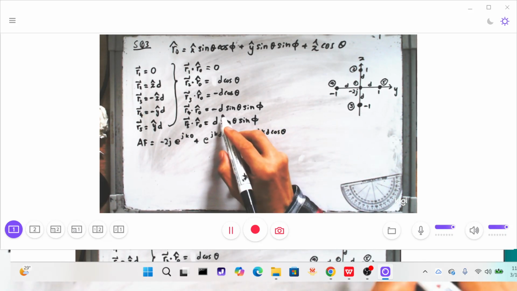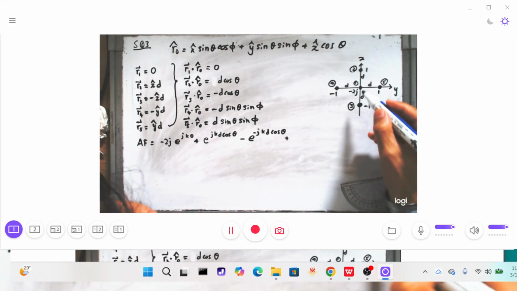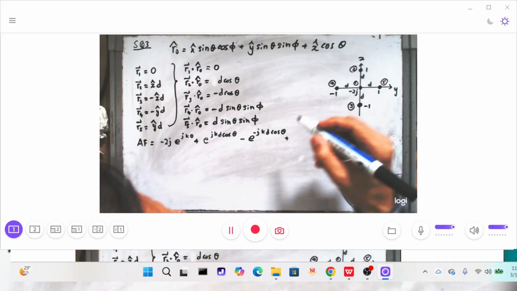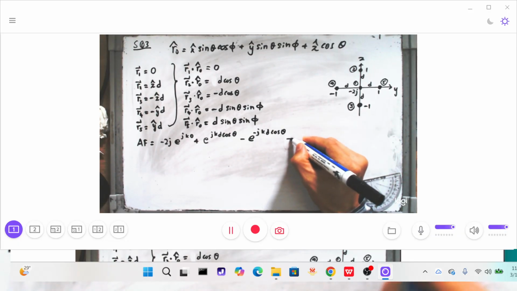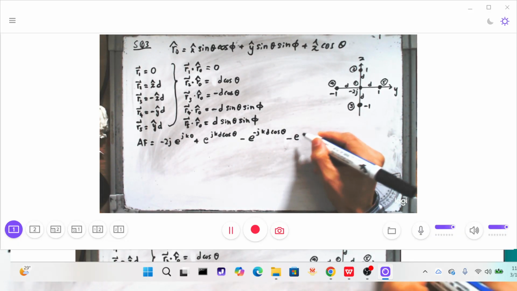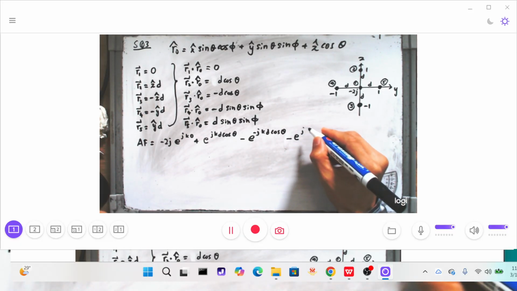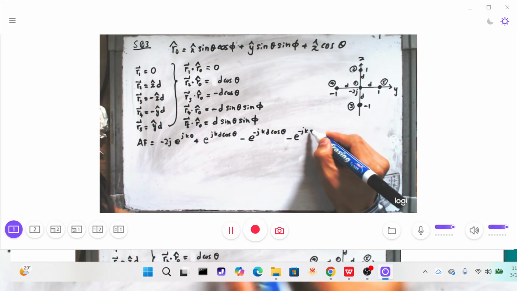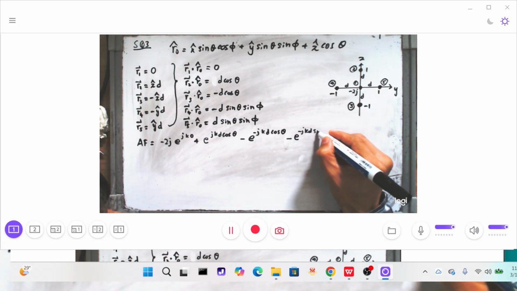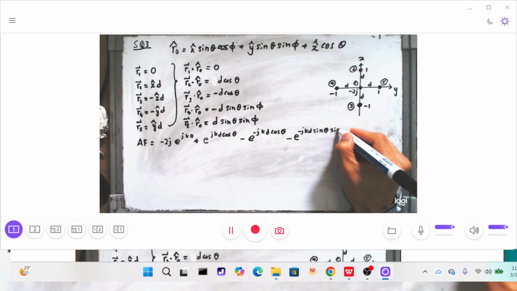And the fourth one has an excitation of -1. So -1, and then the phase k, the fourth one, yeah. So minus kd sine theta sine phi.